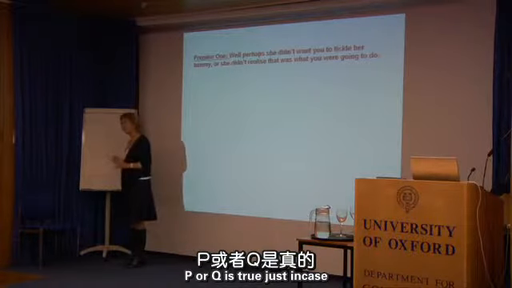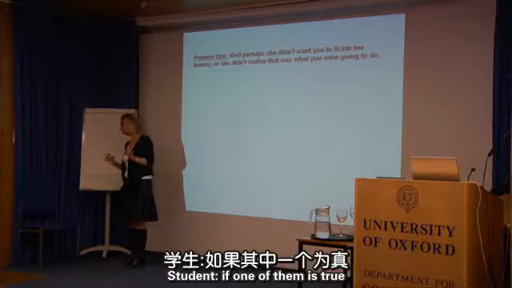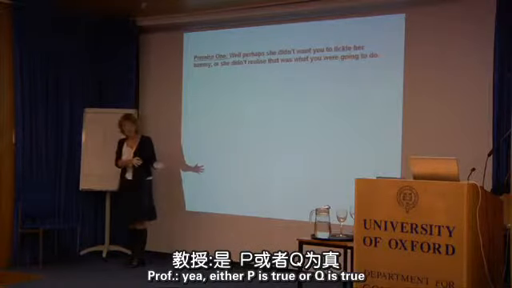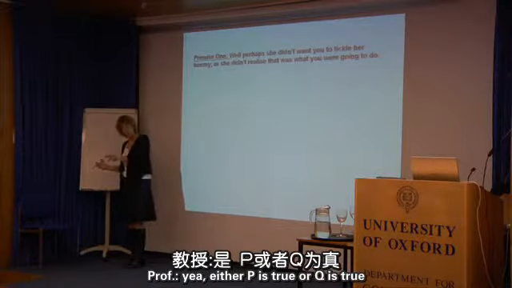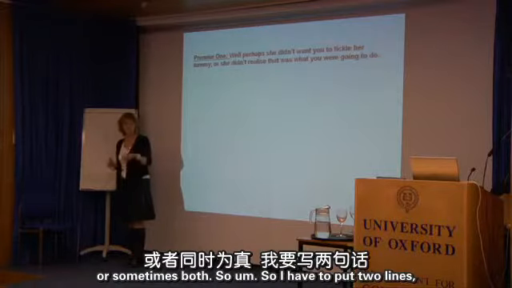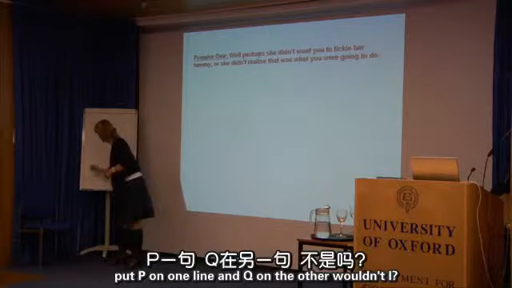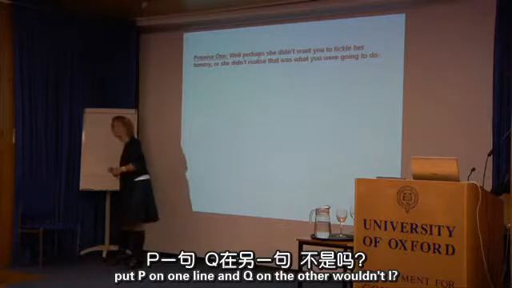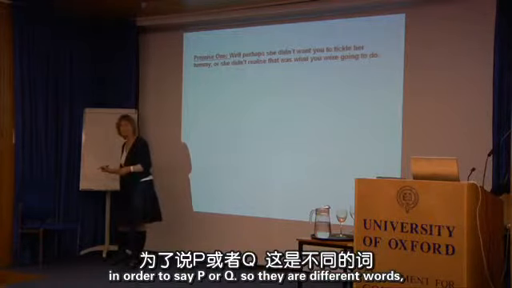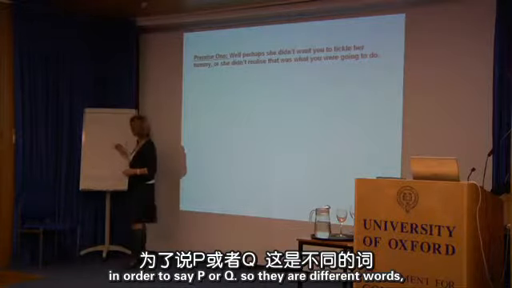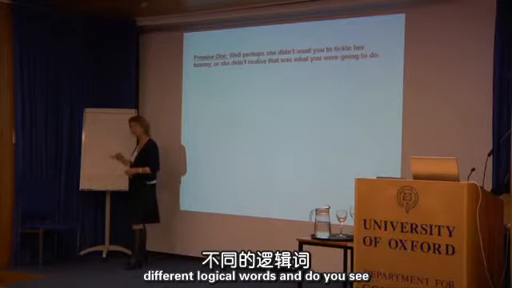P or Q is true just in case what? Yeah, either P is true or Q is true, or sometimes both. So I'd have to draw two lines and put P on one line and Q on the other, wouldn't I, in order to say P or Q. So they're different words, different logical words.